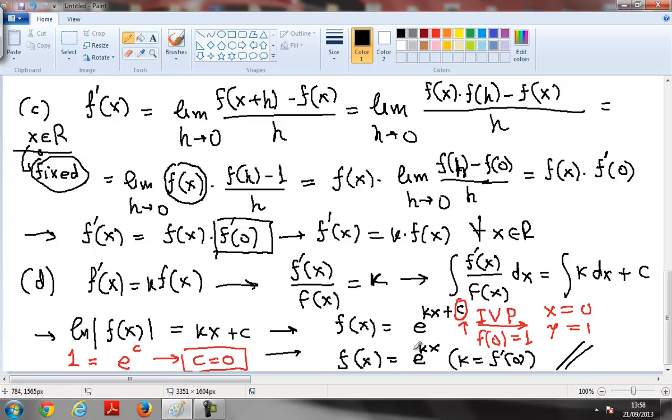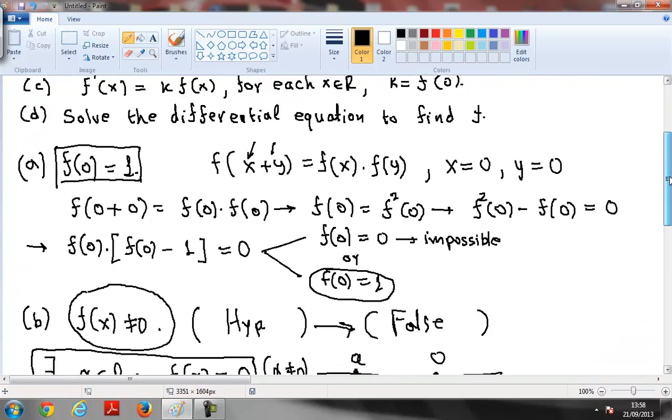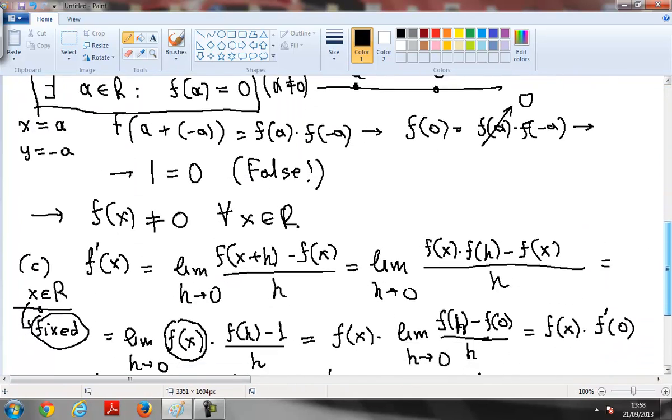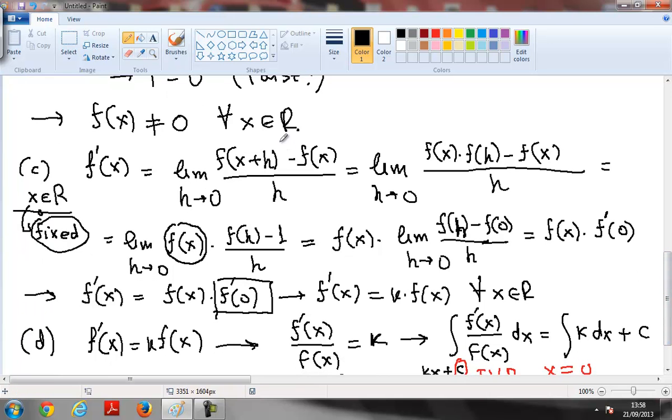It means that my solution when f is differentiable is actually the exponential function of the form e to the power kx. It was a good exam question for IB, and somebody should have the technical ability to use this definition of limit in a smart way.